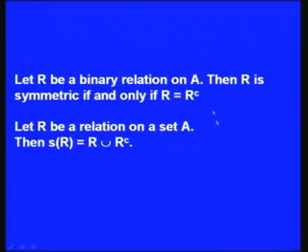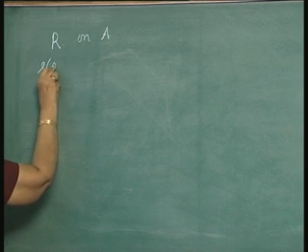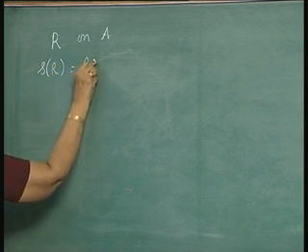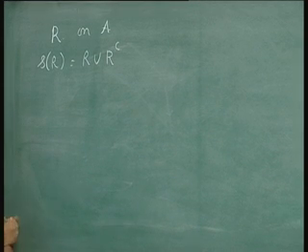Now, let us consider this portion. How do you define the symmetric closure? What is the symmetric closure of a binary relation R? Let R be a binary relation on the set A, then the symmetric closure of R is R union RC. How do you prove this?